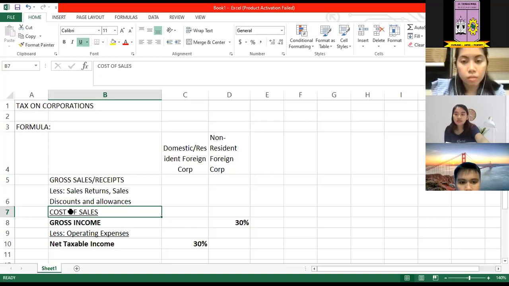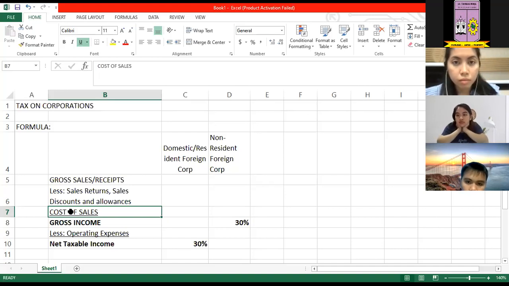Anong tawag doon? Cost of services, di ba? Kasi kapag nagre-render ka ng service, meron ka namang cost. Like for example, if you are a lawyer, you have secretaries to pay, di ba? Meron kang empleyado. So, yung cost of service mo is yung cost ng salaries ng secretary, cost ng papel na ginamit mo, di ba? So that could be your cost of sales, no?